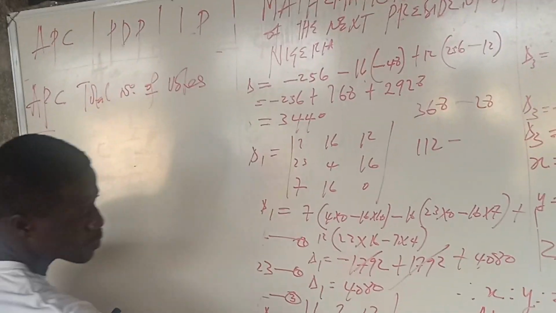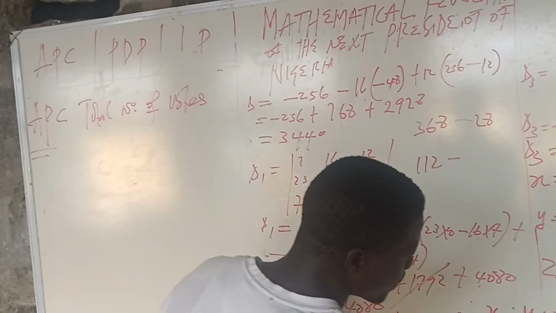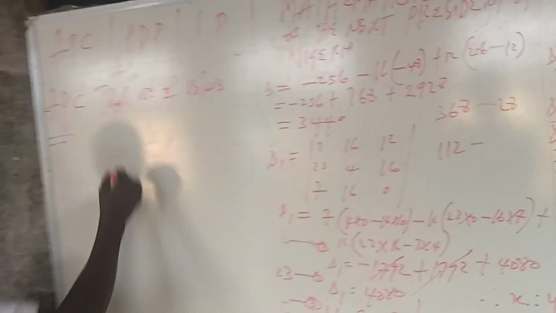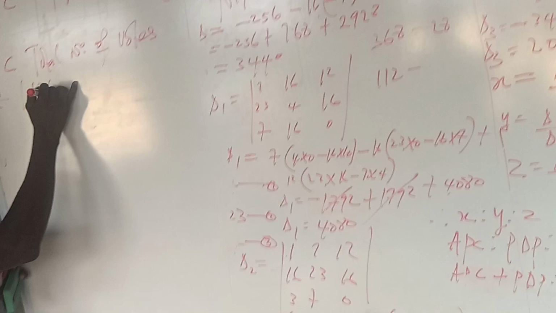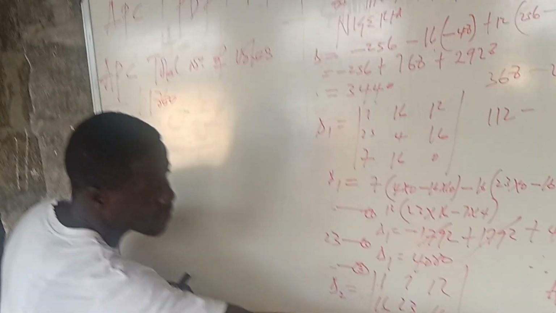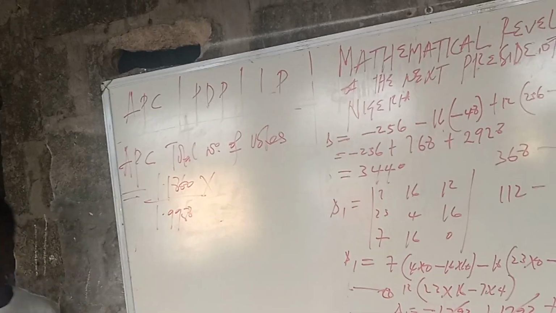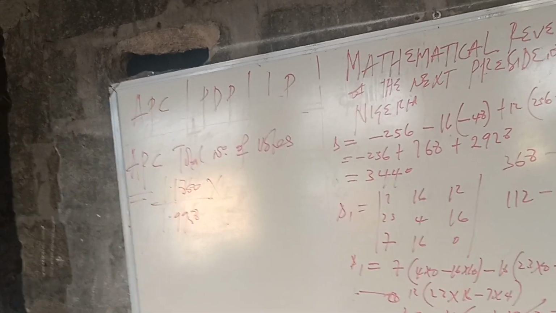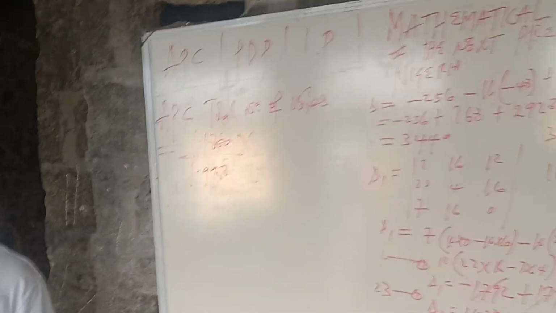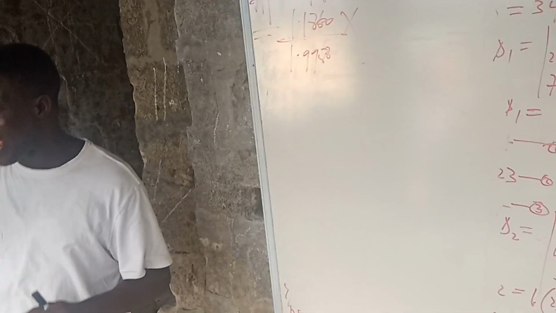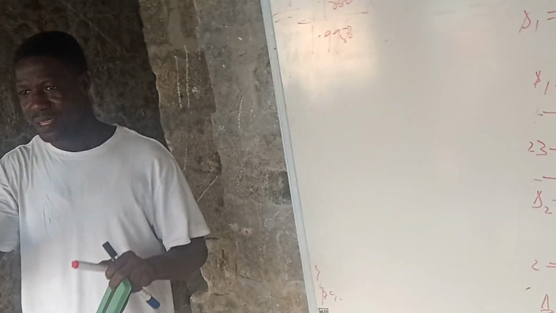The fraction is 1.1860 over the total, which is 1.9988, times the total number of validated PVC recently announced by INEC, the Independent National Electoral Commission.